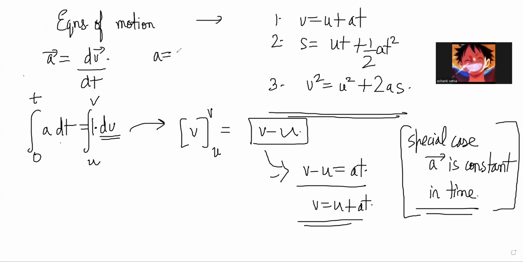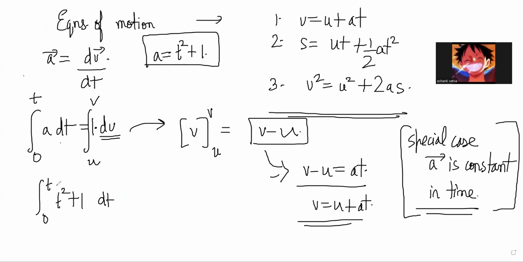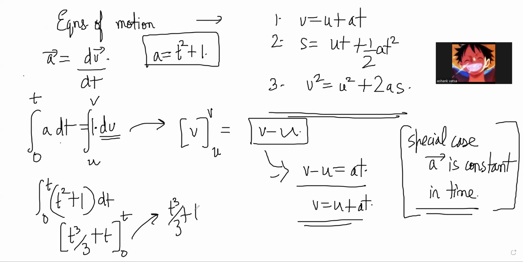For example, acceleration could be t square plus 1. If that is the case, you will have to do 0 to t, acceleration is t square plus 1, and we have to integrate this dt. So it will become t cube by 3 plus t, evaluated from 0 to t. So the answer from here would be t cube by 3 plus t. And that would be your formula now: v is equal to u plus t cube by 3 plus t.